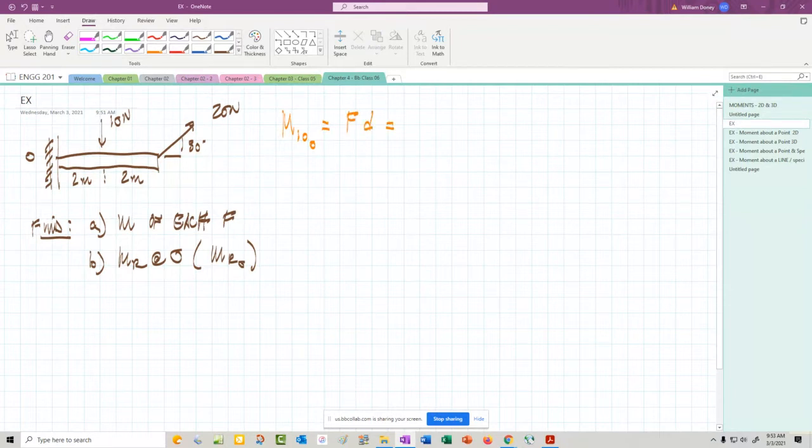We're looking for perpendicular, one or the other. That's 10 newtons at a 2 meter distance. It's already perpendicular. So that becomes 20 Newton meters. And I put the arrow that way to show that it is clockwise.